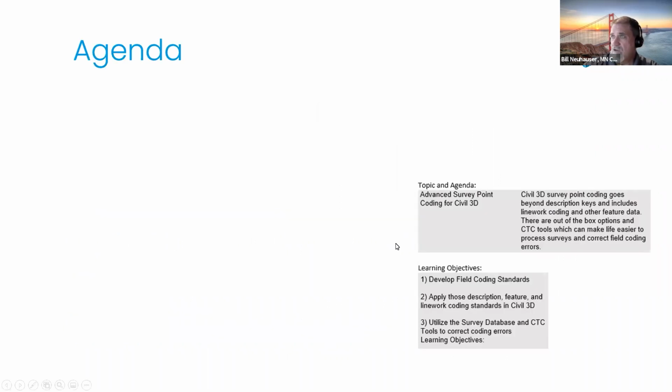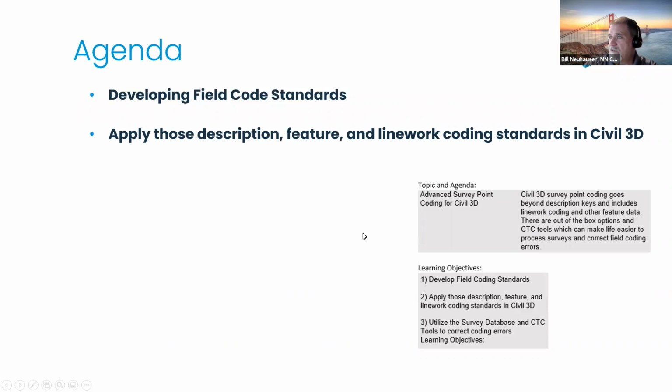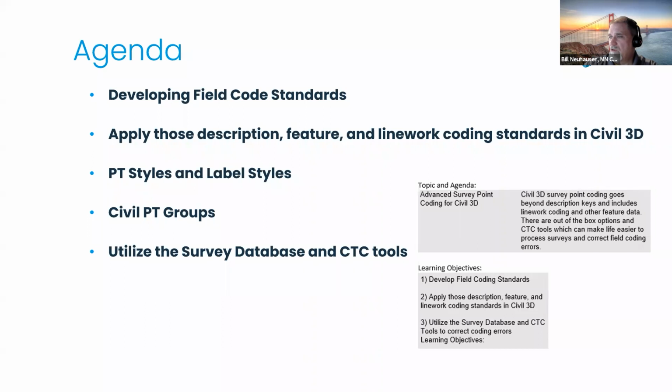So our agenda again: developing field code standards, applying those descriptions, features, and line work code standards in Civil 3D. We'll talk about point styles, label styles, civil point groups, and utilizing the survey database and CDC tools to correct the coding errors. We do have the question and answers turned on up here.